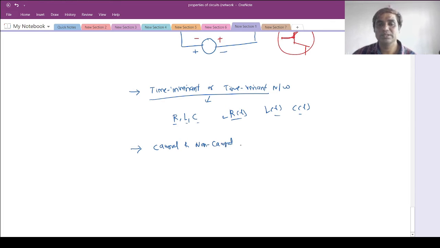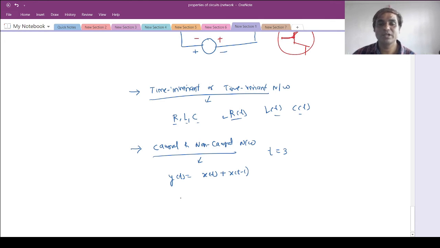Let me put it in generalized form. If the present value of output depends on the present value of input and past values of input, then that kind of thing is called a causal circuit or causal system. Suppose t is 3.